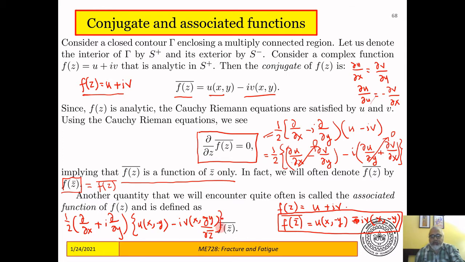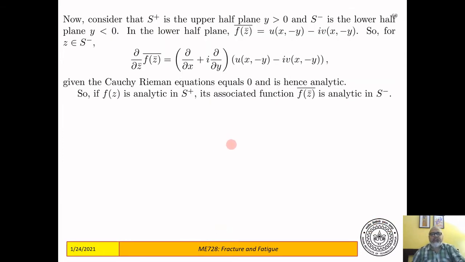This is what we will do, and if you do this, you will see that this is equal to 0, and therefore the associated function of f(z) is also analytic and is also only a function of z, not of z̄.